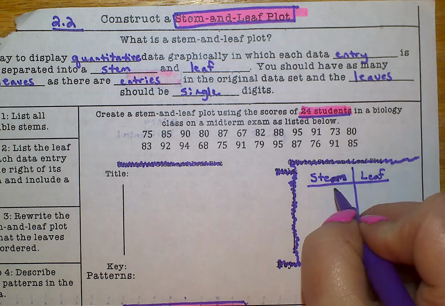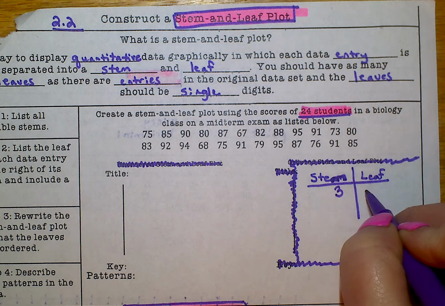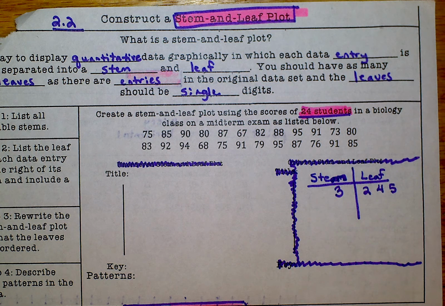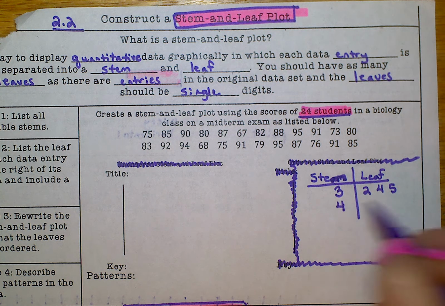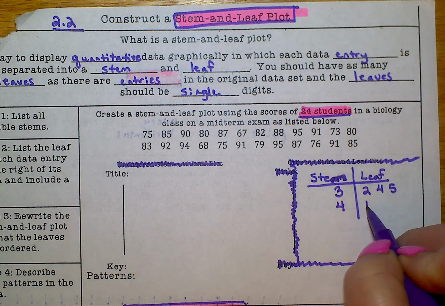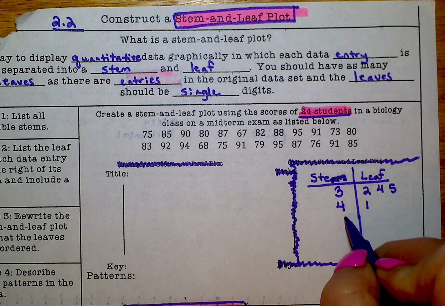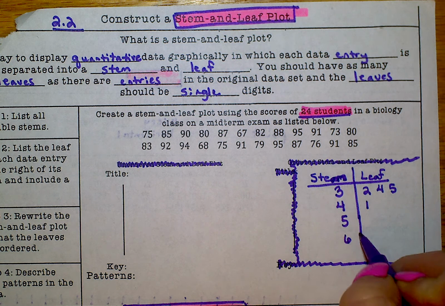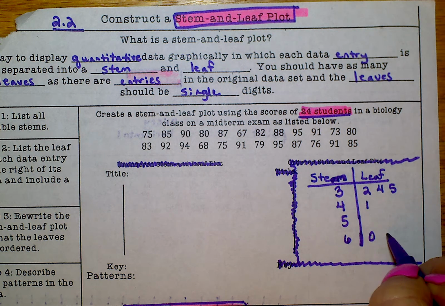So if you were to have a number like 3, and then you have a 2 and a 4 and a 5, we're just going to say we have those numbers. The next stem would have to be 4. Maybe that's a 1. Let's say you don't have anything for your 5. And let's say that it goes to 6 and a 0, 3, 5.